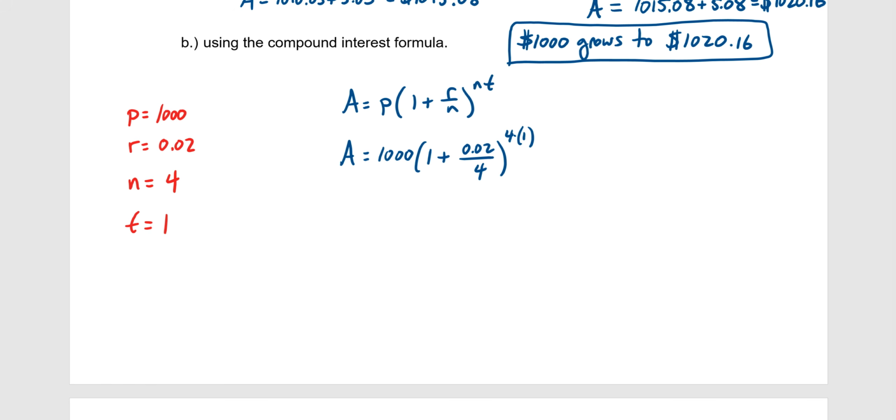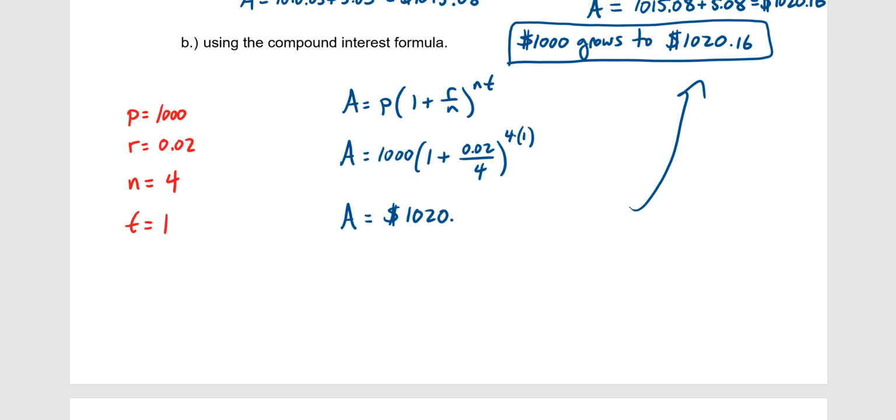So when you plug this in the calculator, I recommend plugging in this first, 0.02 divided by 4, clicking enter, and then adding that answer to 1, clicking enter, raising that answer to an exponent of whatever that exponent is, in this case 4, click enter, multiply that answer by 1,000, the principal, and click enter.